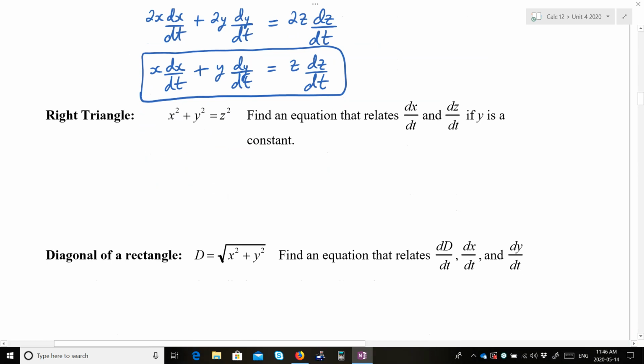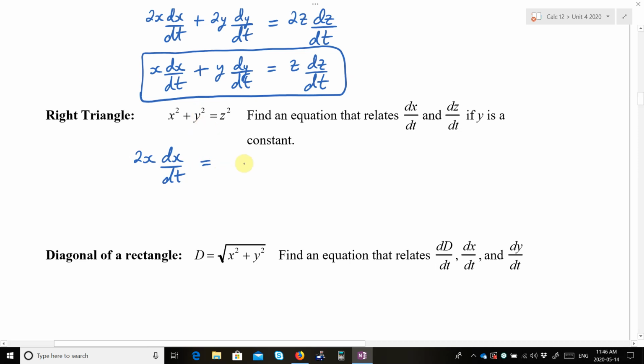Now we'll do a right triangle again here. Find an equation that relates dx/dt and dz/dt if y is a constant. So this time y is a constant. When we do the derivative of x squared, that will just be 2x times dx/dt. If y is a constant, then y squared would also be a constant, and the derivative of that is 0.